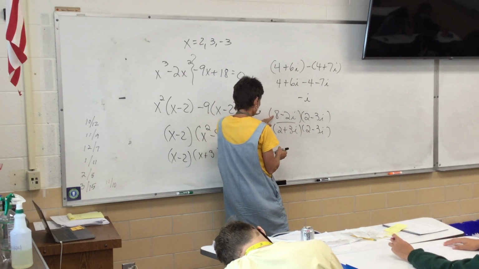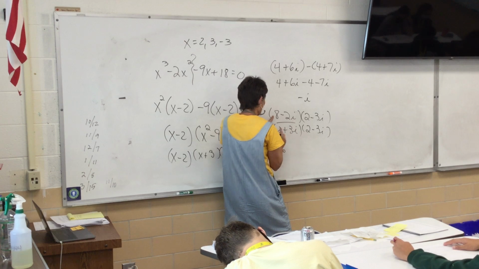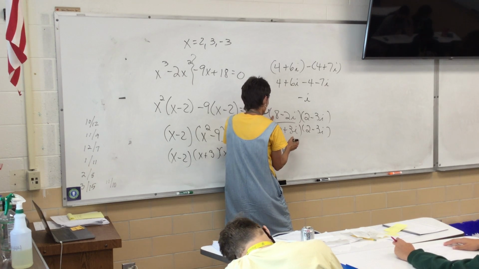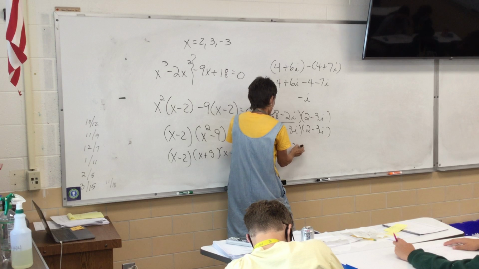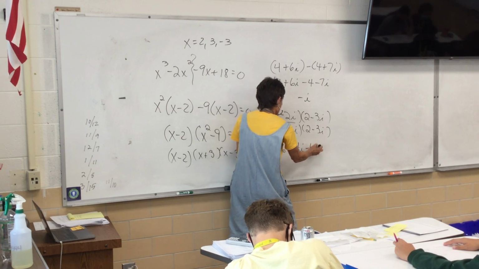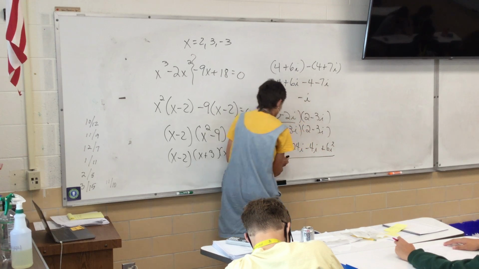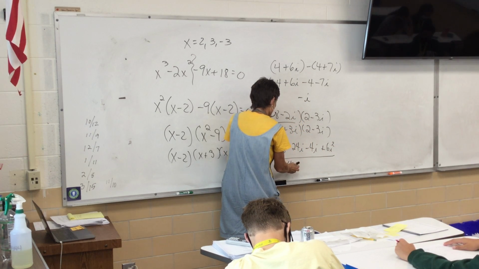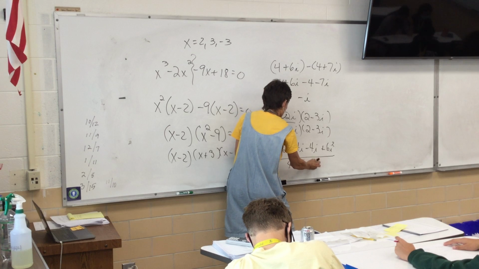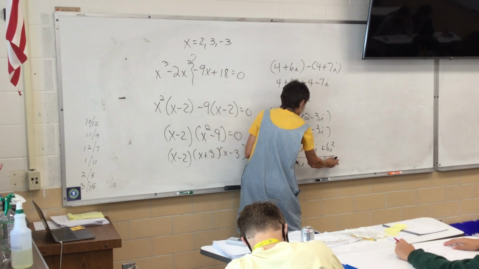All right, here we go, lots of foiling. So 16 is outsides. No, that's first. First, outsides, insides, lasts.